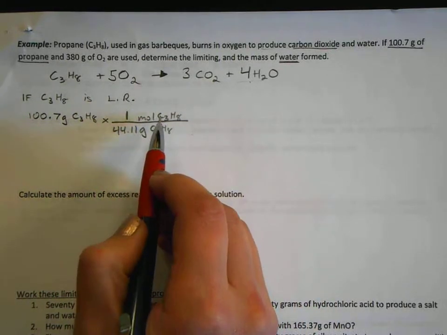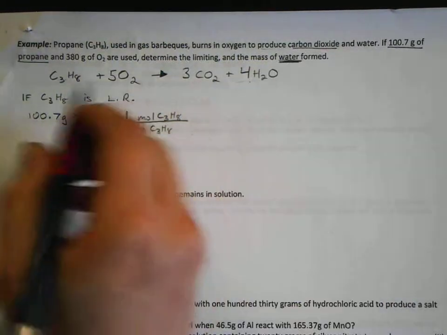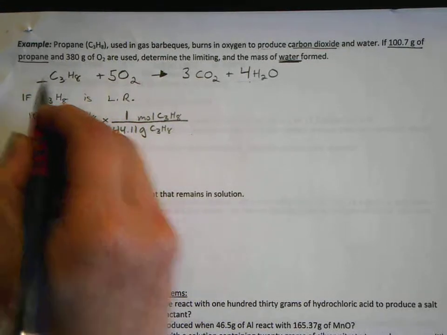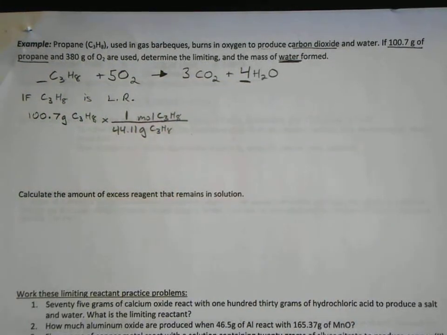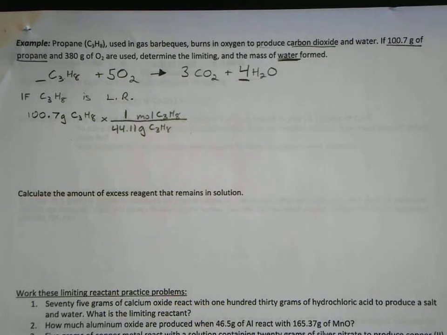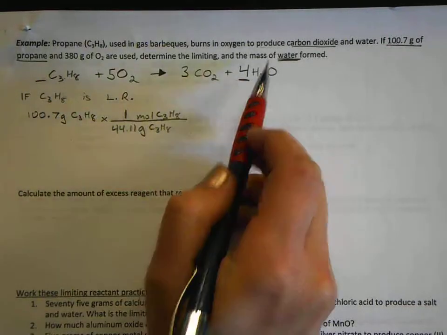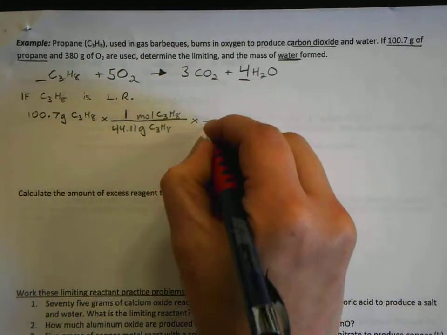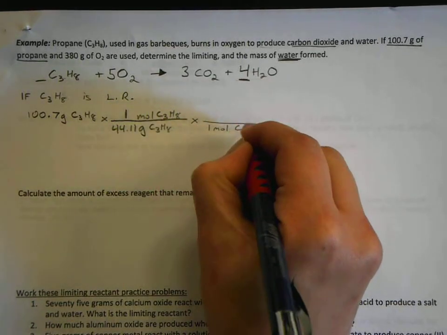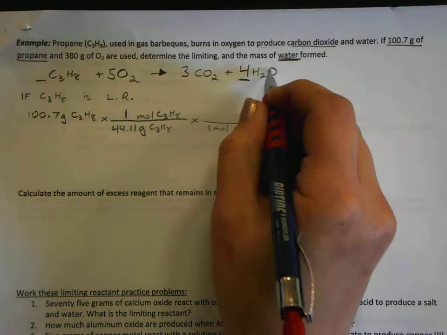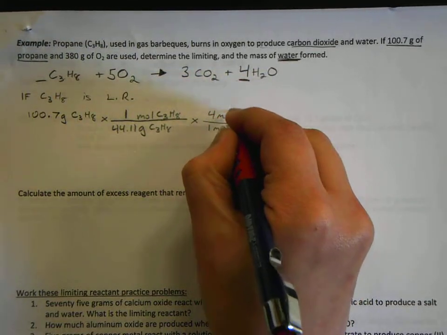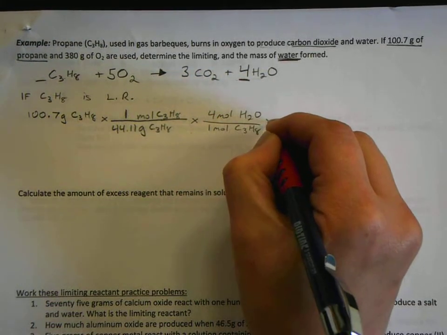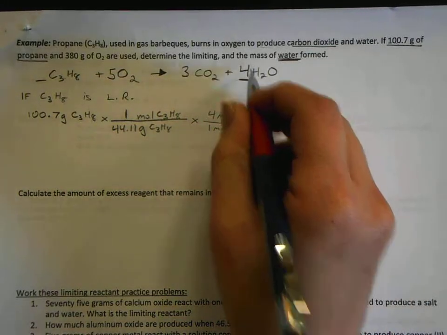I'm not interested in moles of propane. I'm interested in water. So I'm going to use the balanced coefficients to figure out how many moles of propane give me moles of water. In this case, 1 mole of propane gives me 4 moles of water. And I really don't want moles of water.